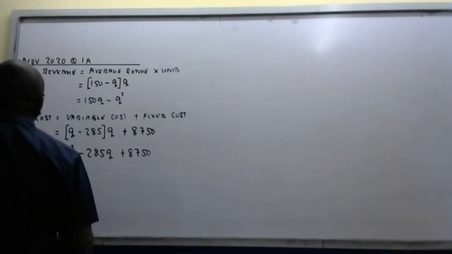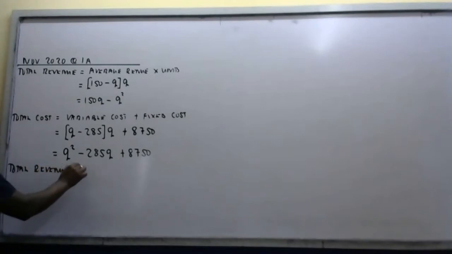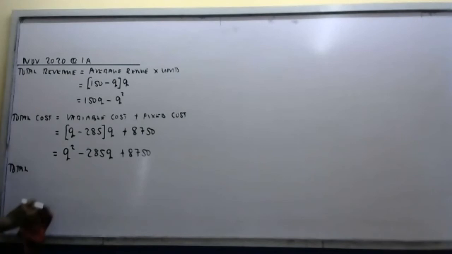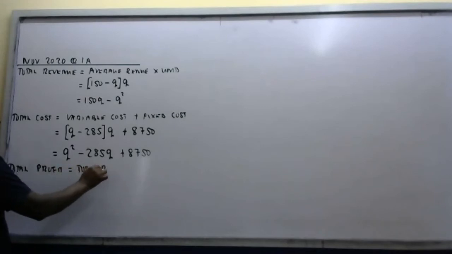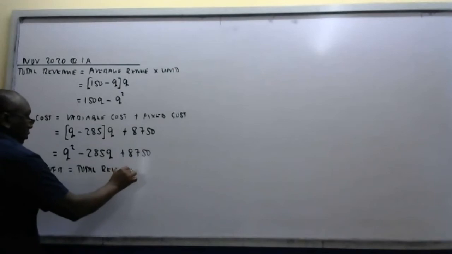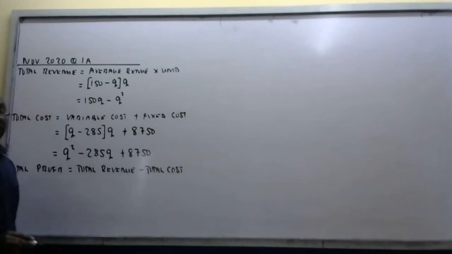So with that now, we are looking for total profit, not total revenue. Total profit is equal to total revenue minus total costs. Total profit is the one we are calling pi.